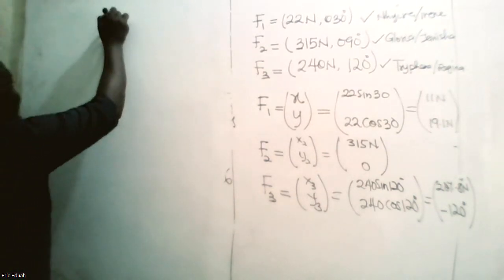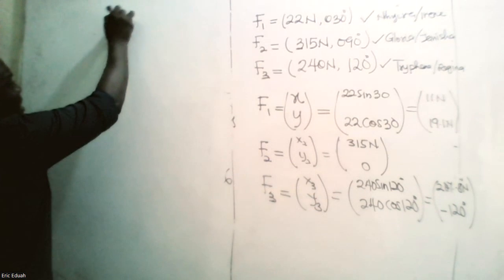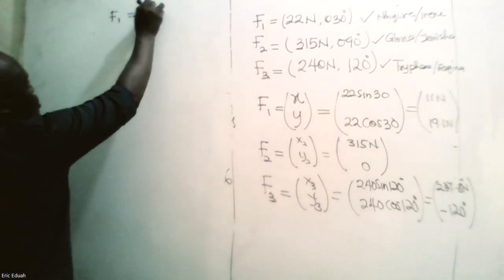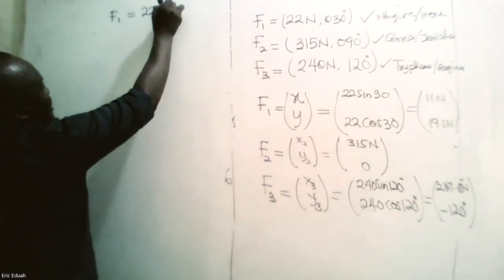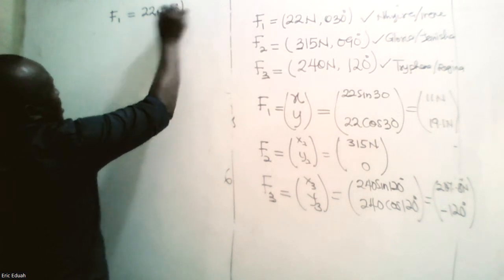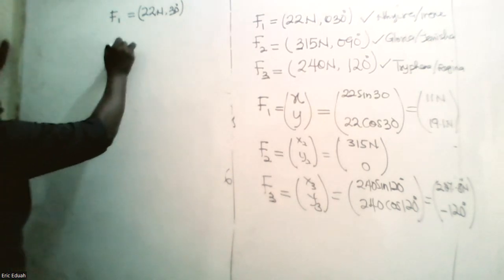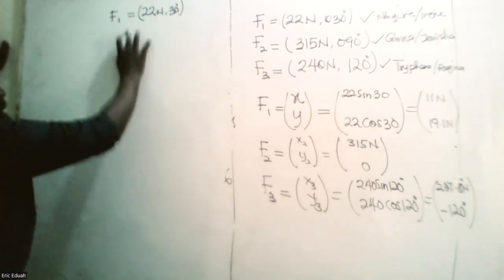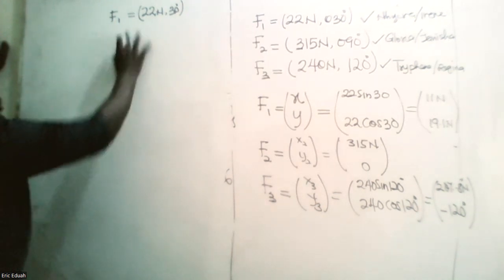So if you are right, you'll be marked. If you got it wrong, you'll be marked wrong. So F1, 22 at 30 degrees. If I'm resolving this into vertical and horizontal components, I draw my cardinal points.